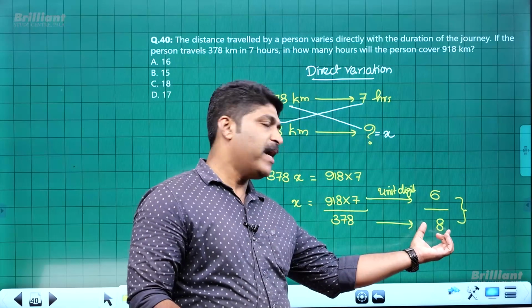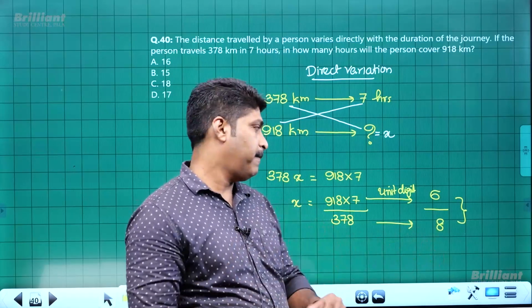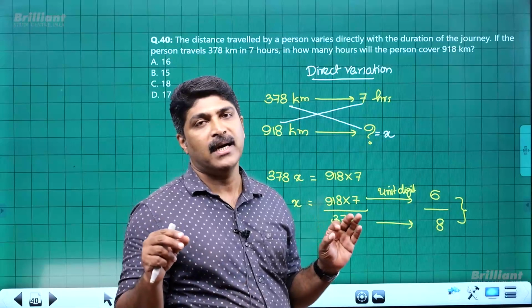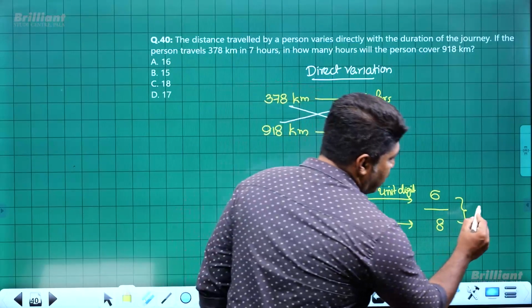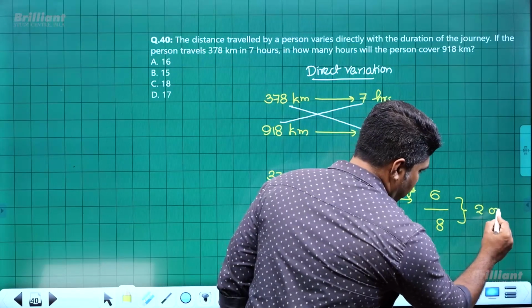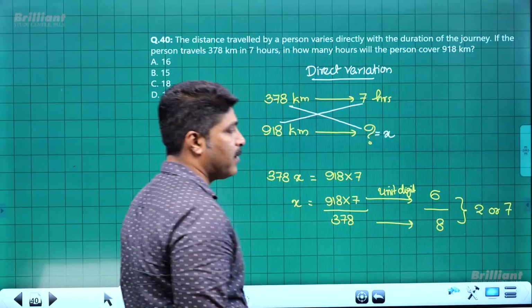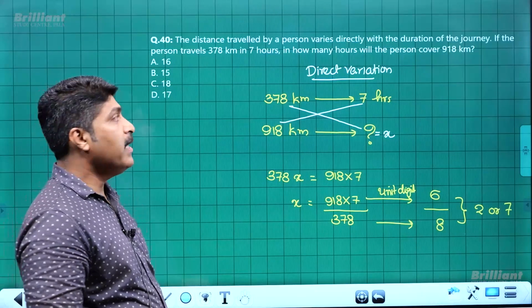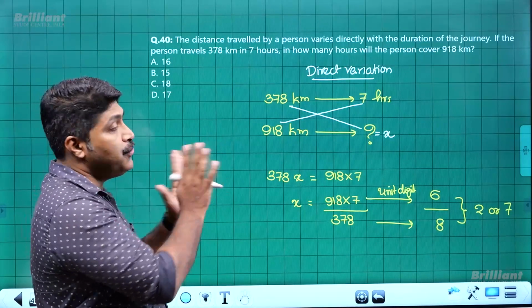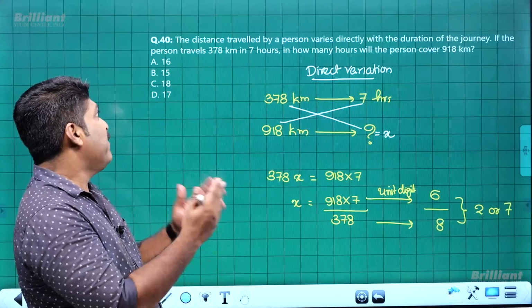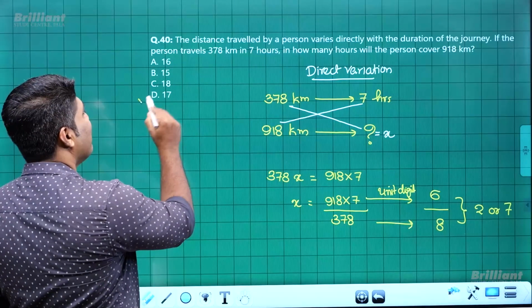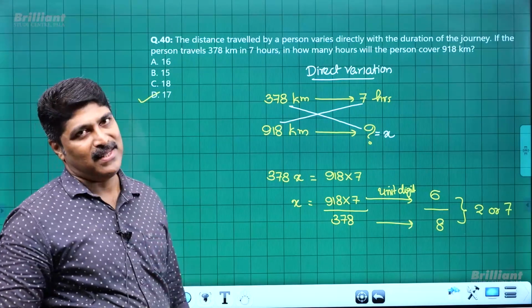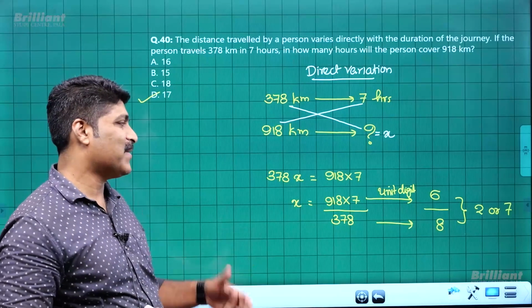For which value do we have to multiply with 8 to get the unit digit as 6? Either it is 2 or 7. So look at the options. Is there any value that ends in 2? No. So conveniently there is one value that ends in 7. Therefore, that's the answer. So that's the trick behind such a question.